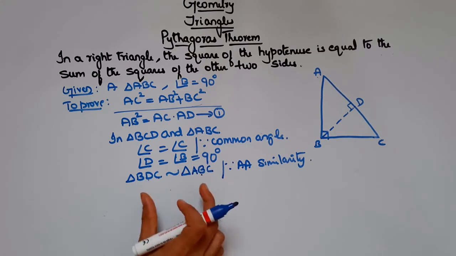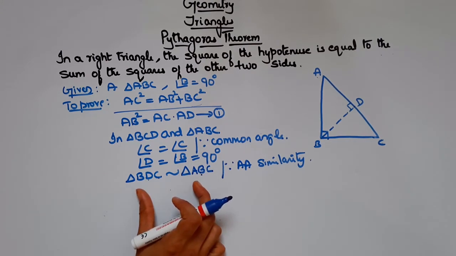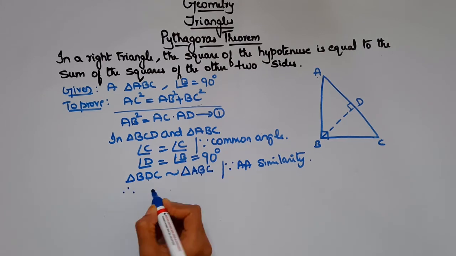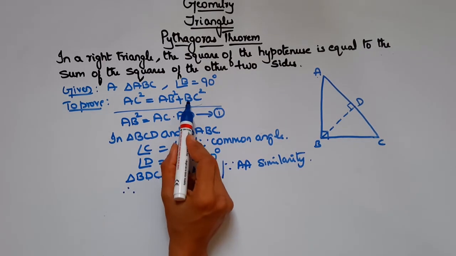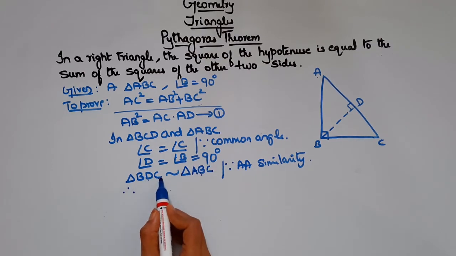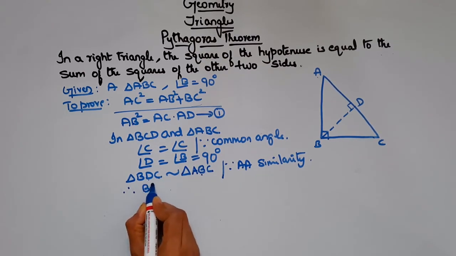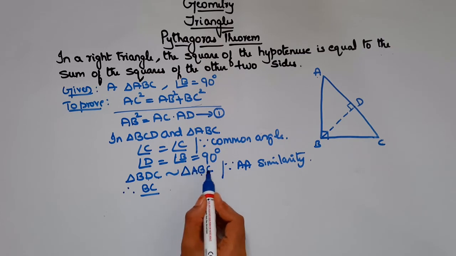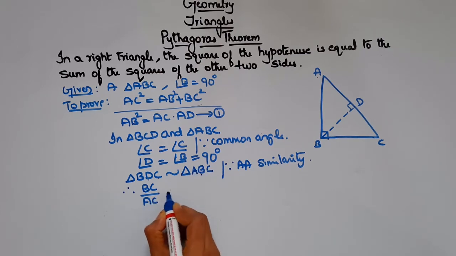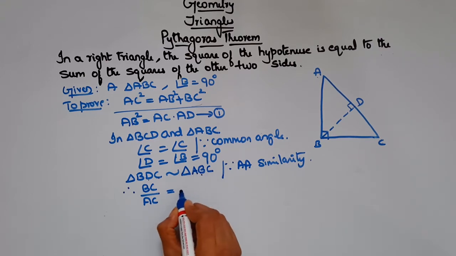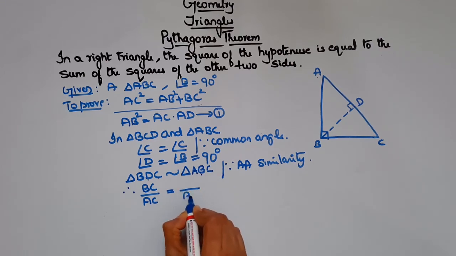So we know if these two triangles are similar, that means the ratio of the corresponding sides are equal. So therefore now we want BC square. So BC, first and third angle. So BC by same angle should be taken from the other triangle, first and third angle, AC, which is equal to, we want BC square, so we have to take BC from this triangle, that is in the denominator.